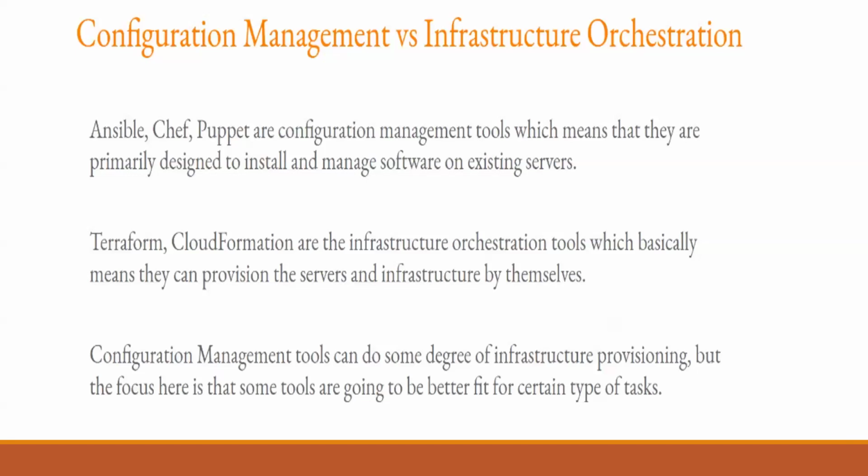Ansible, Chef, and Puppet are configuration management tools, which means that they are primarily designed to install and manage software on existing servers only. So configuration management will install and manage the software on existing servers only. But who will build the infra? Who will provision the infra? Which tool can we use?